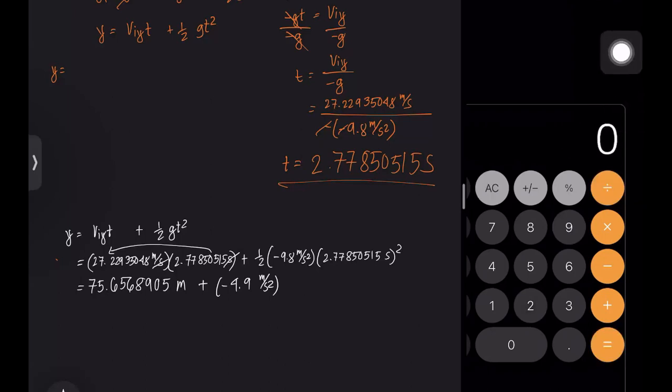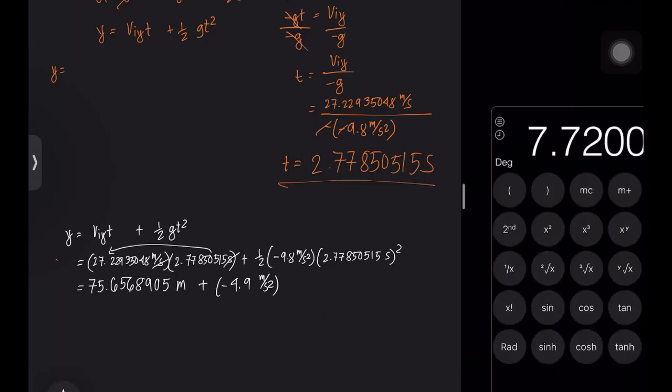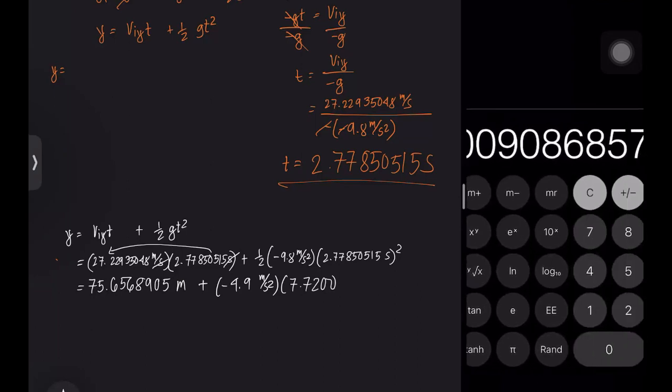Then we square the 2.77850, and the answer is 7.72009087 seconds squared.